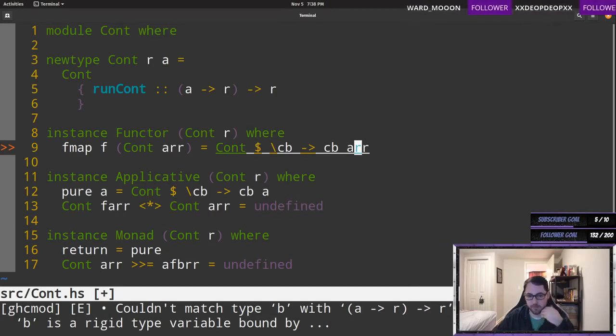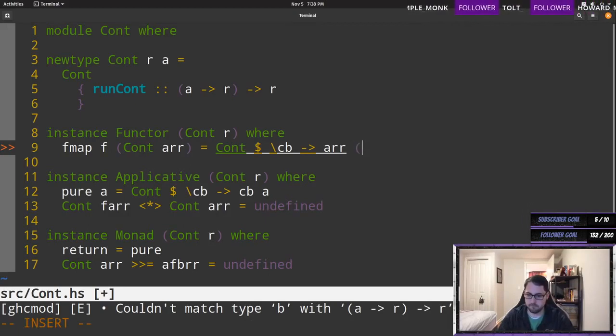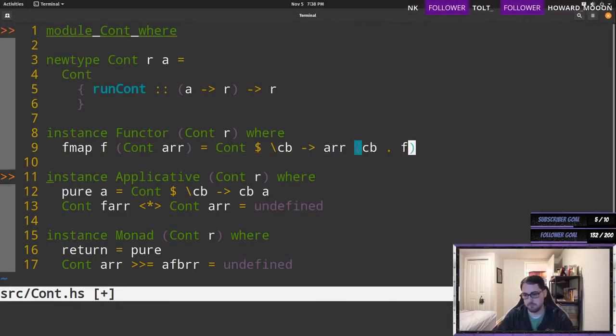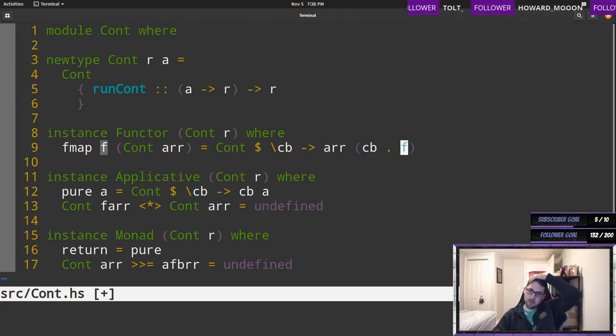Where does this F go? So this function is an A to R. Right?